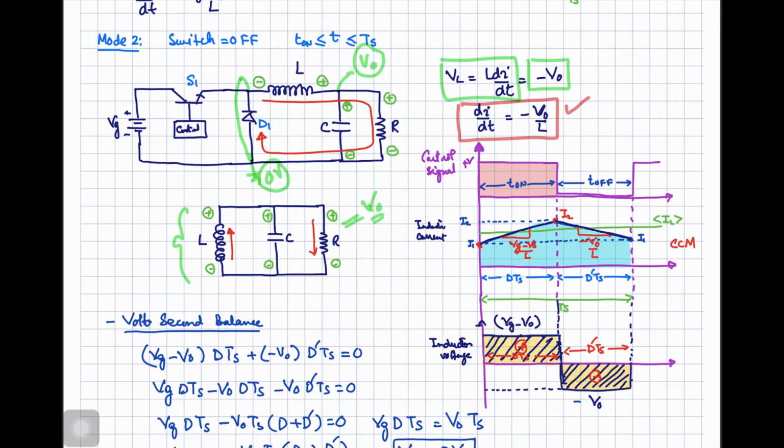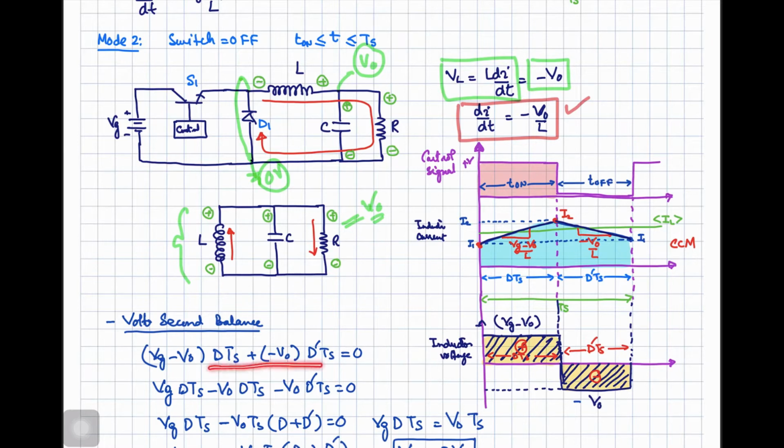Alright, so Vg minus V naught into dTs, that is this interval, will give you the area of this part, and then d prime into Ts into minus V naught is going to give you the area of this negative part. The sum of these two should be equal to 0. So this is the volt-second balance equation for the inductor. The average voltage across the inductor should be 0, and that can be shown with the help of the volt-second balance equation.